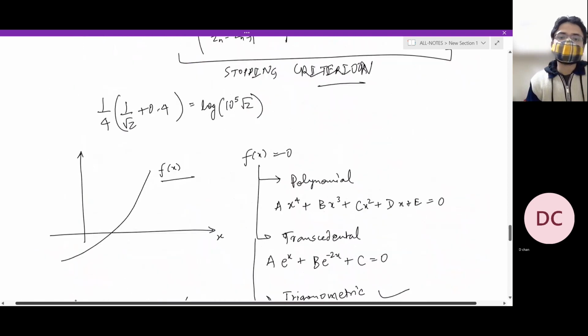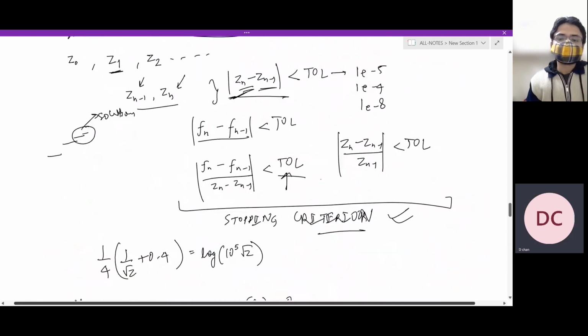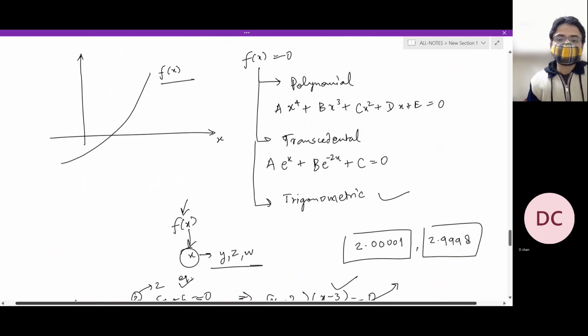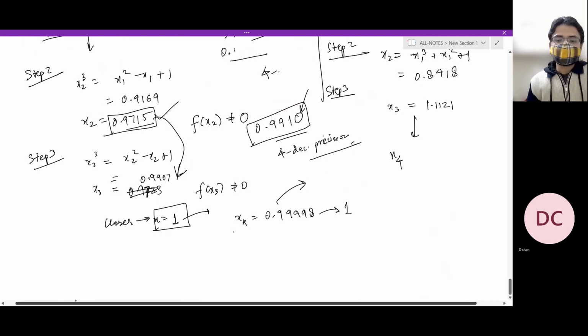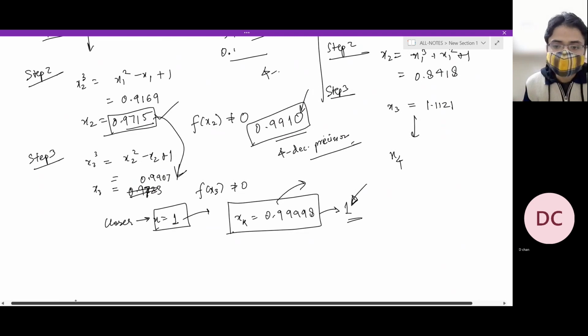You need to have some stopping criterion. So you can go as much as you want, but there will be a certain stage when you're getting really close to 1. But this time we know that the solution is 1. But what about the other times when we do not know what the solution is?